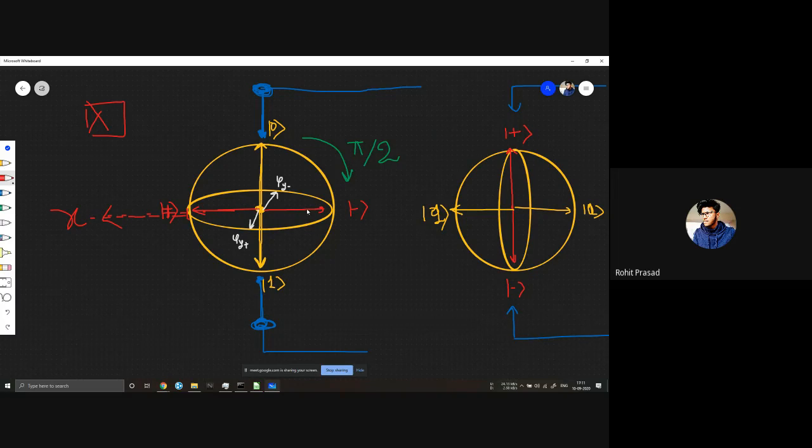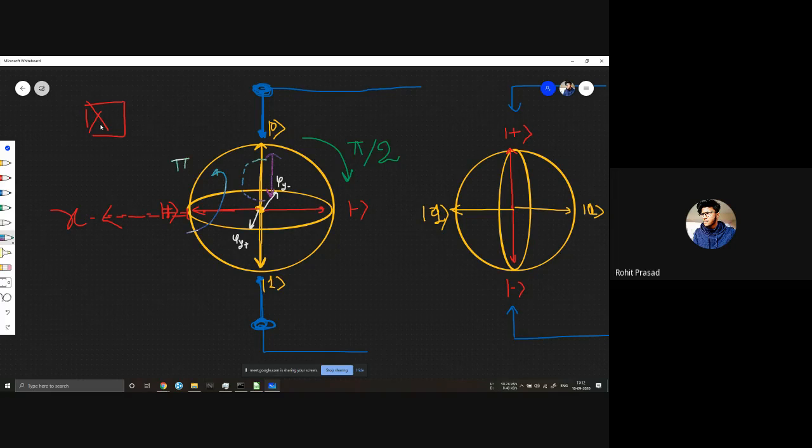It will be the same, right? So x on plus remains plus, x on minus remains minus. But if you have a vector like this in this state here and you apply x, it will rotate by 180 degrees, pi, and now it will go something like this.